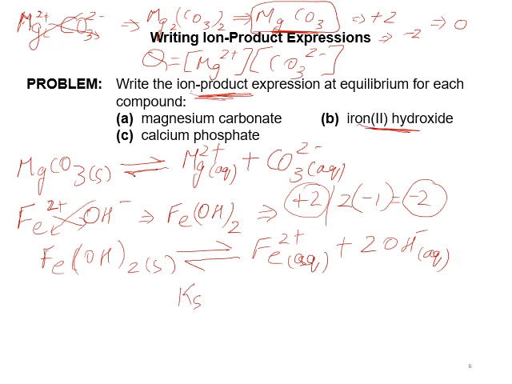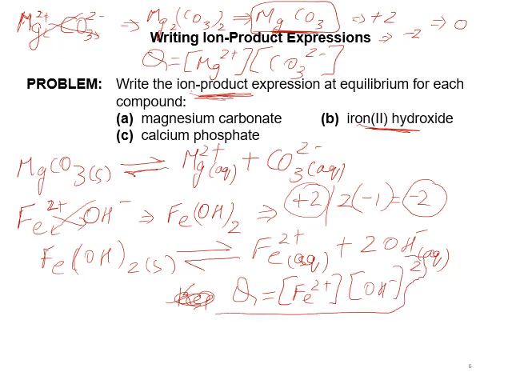So my Ksp or Q expression, sorry, the product expression, is going to be the concentration of iron ion times the concentration of hydroxide ion squared because of my stoichiometric coefficient. So that's my final answer for this, right?